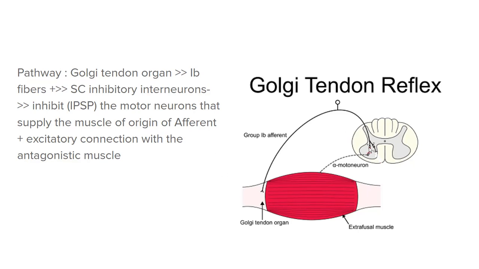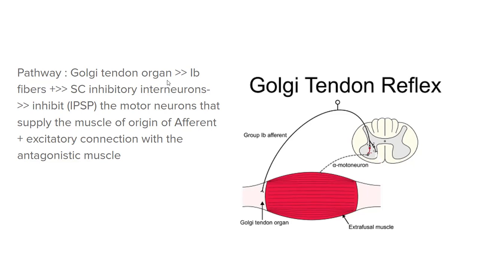This is also postsynaptic. After the synapse happens here, there is an inhibitory postsynaptic action, postsynaptic inhibition. And there is an inhibitory interneuron here, which inhibits the alpha motor neuron, which supplies the muscle from which these 1B fibers come from.